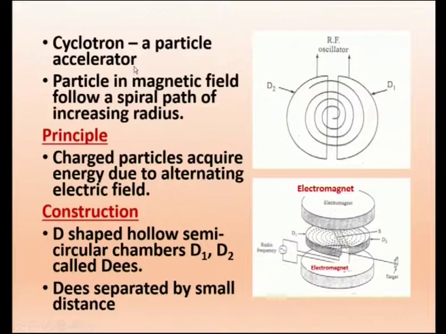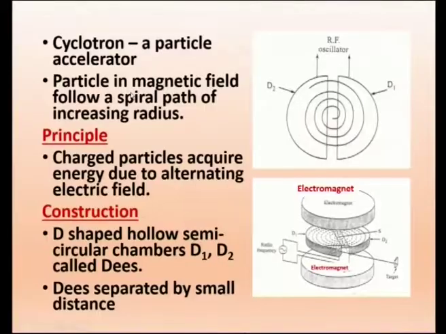Now, cyclotron is a particle accelerator, as we have just stated, and a particle in a magnetic field follows a spiral path of increasing radius. You would have studied this in school also. When a particle is subject to a magnetic field, it will make a circular path.